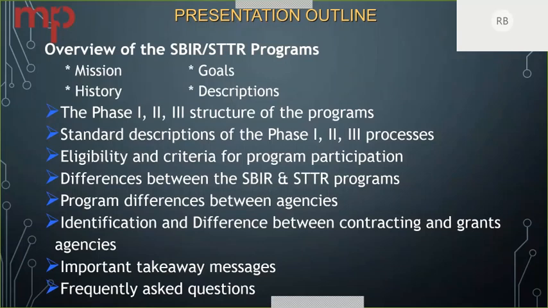Not all agencies provide contracts, and not all agencies provide grants. Then there are some important takeaway messages, and I will pose some questions that you might want to ask, and try to answer them myself, and then I'll answer your questions. So let's get started.